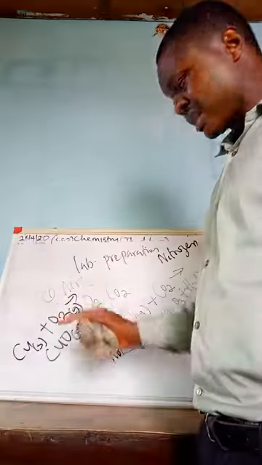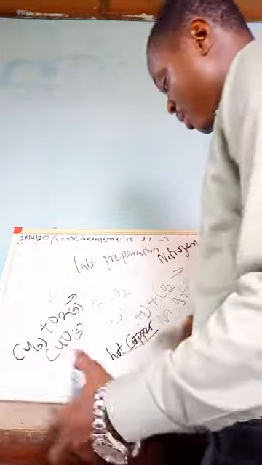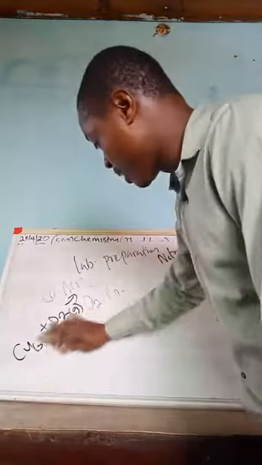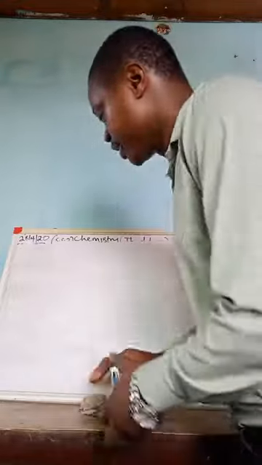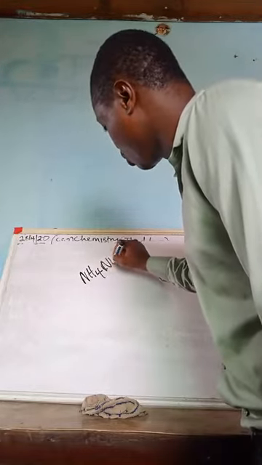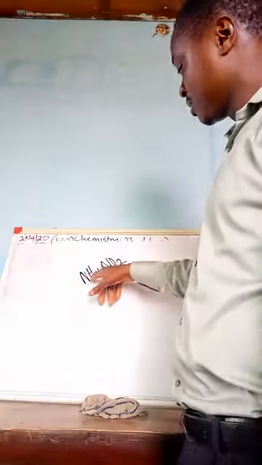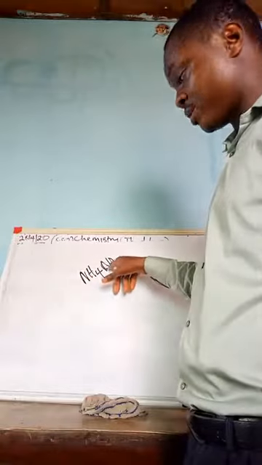Another method of getting nitrogen is from chemical compounds. One such compound is NH4NO2. What's the name of this compound? You can see this is ammonium and this is nitrite.